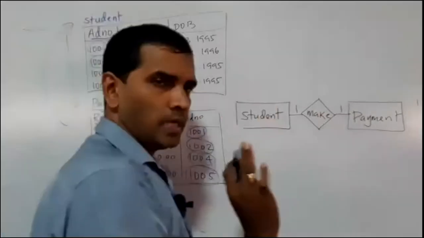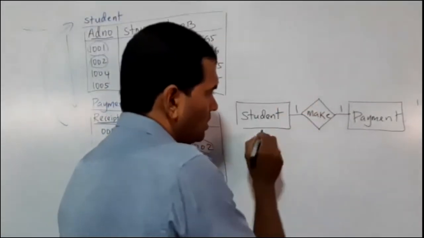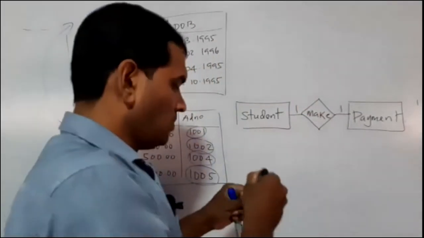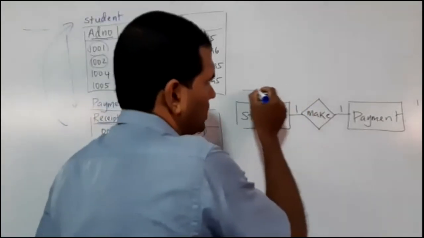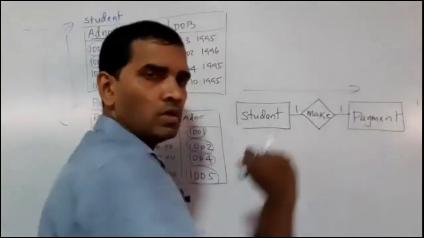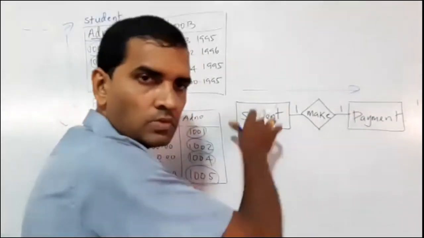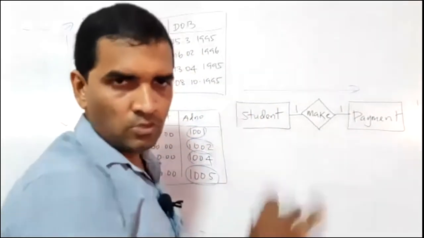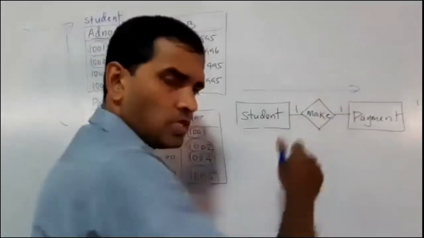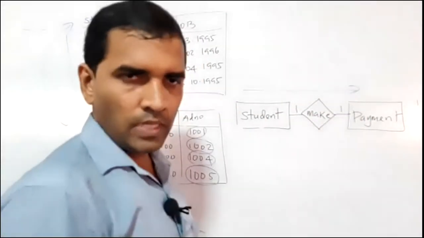So listen to me carefully. Let's start from student table and go towards payment table. Don't forget, student table has students. Payment table has payments, right?